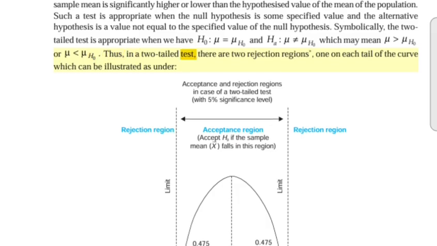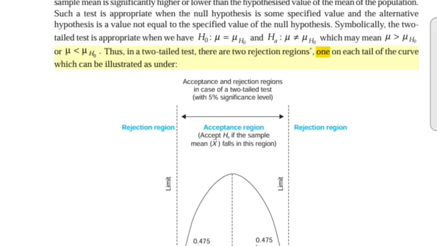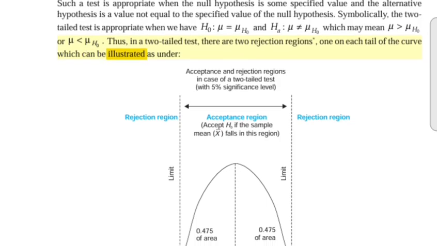Thus, in a two-tailed test, there are two rejection regions, one on each tail of the curve, which can be illustrated as under.